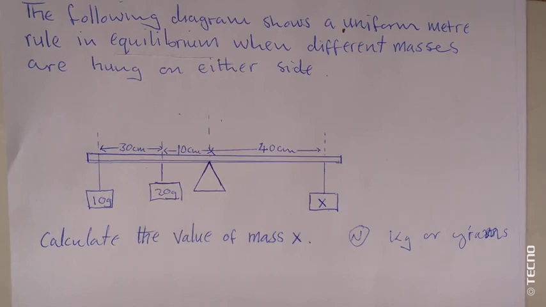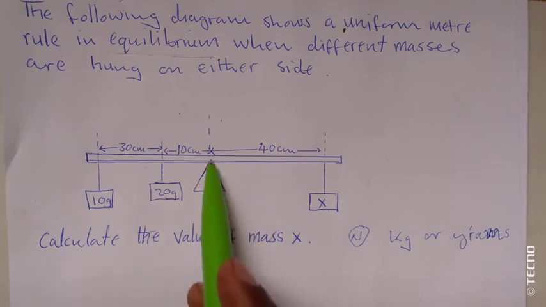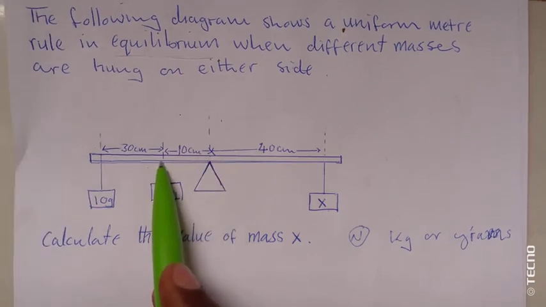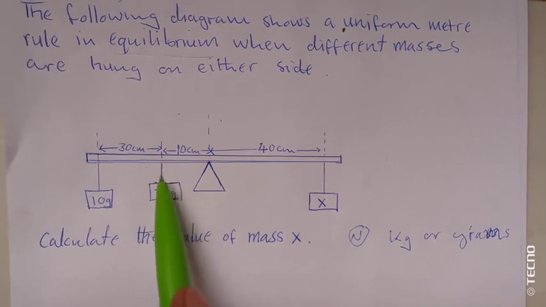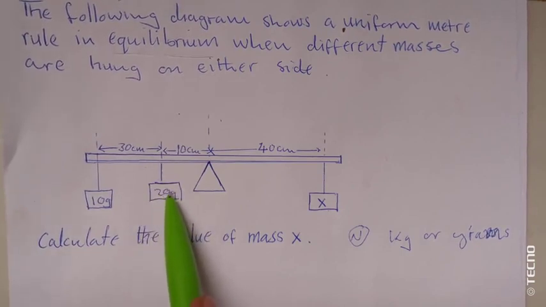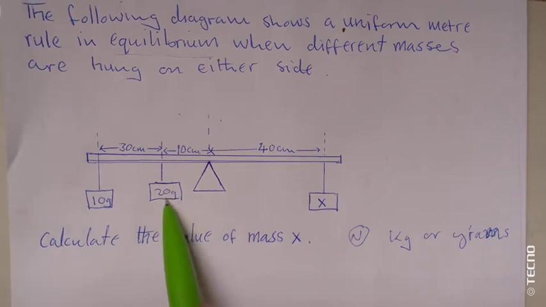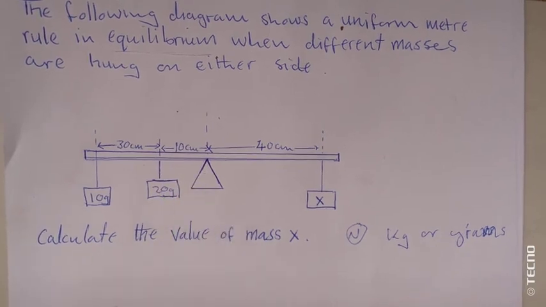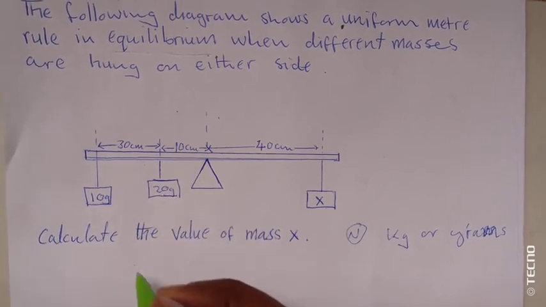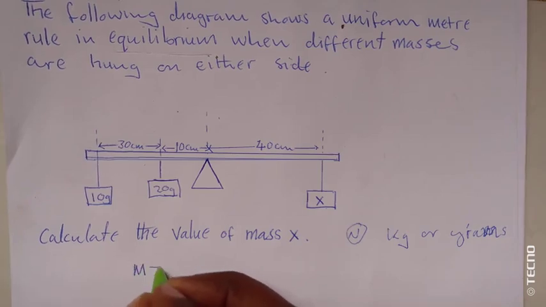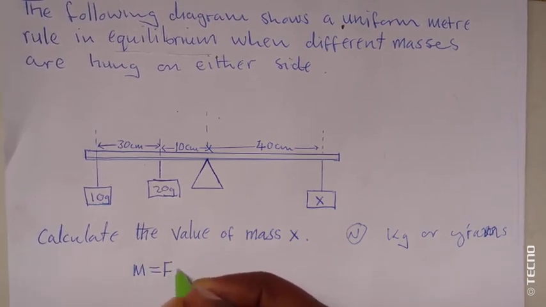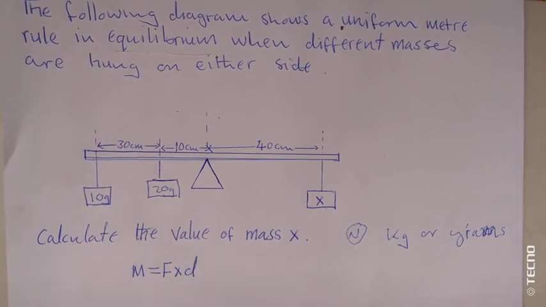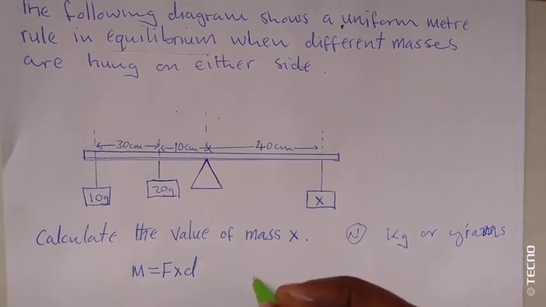When you talk of moment, we say moment is the product of mass and distance from the point of action. So this is the point of action and this is the mass. Moment is equal to force times distance.